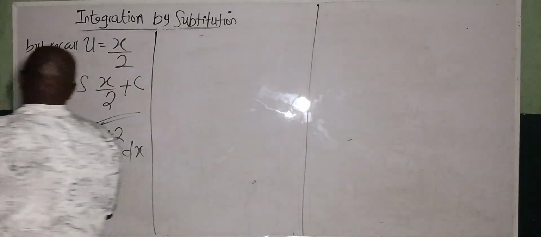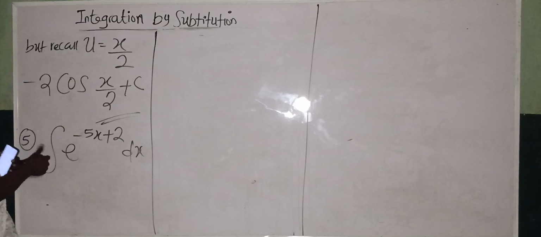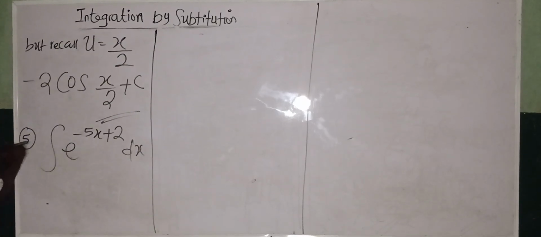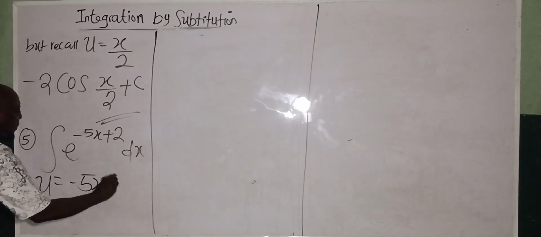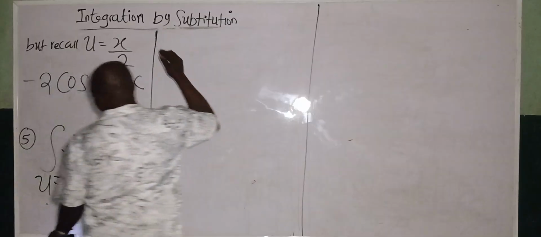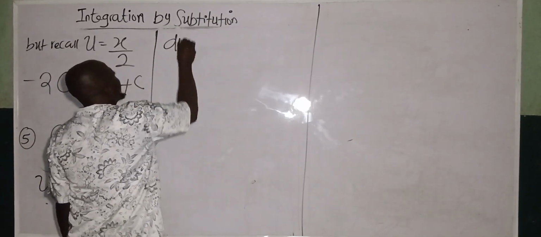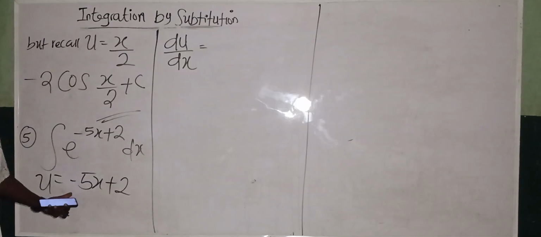So the first thing we are going to do, remember, whenever we are solving this kind of thing in differentiation, everything at the top becomes our u. So we say let my u become minus 5x plus 2. If I differentiate this, du with respect to x, I will just have minus 5.